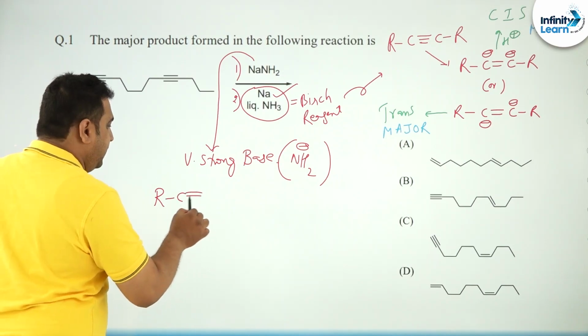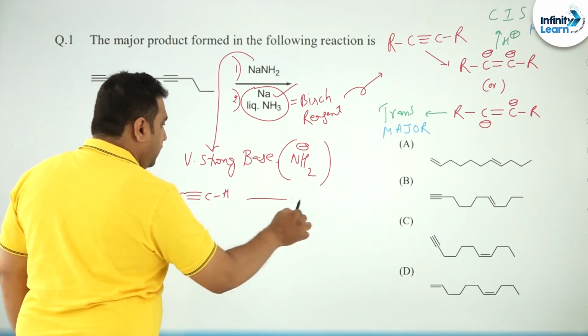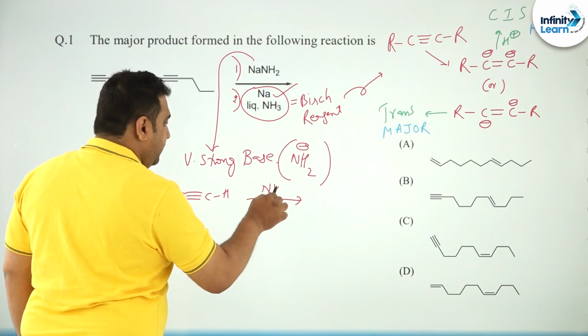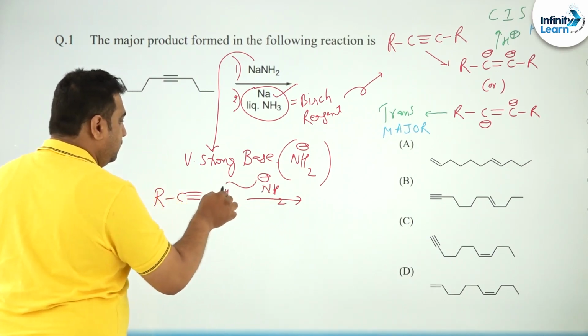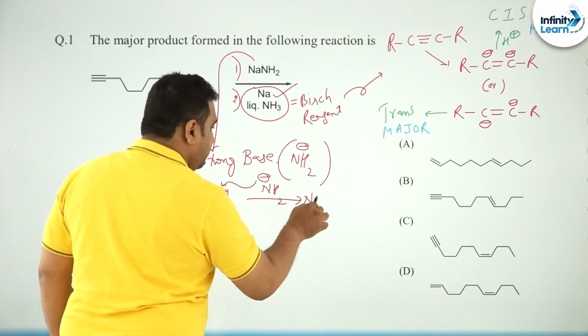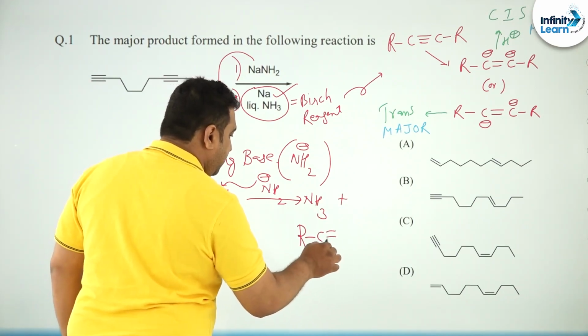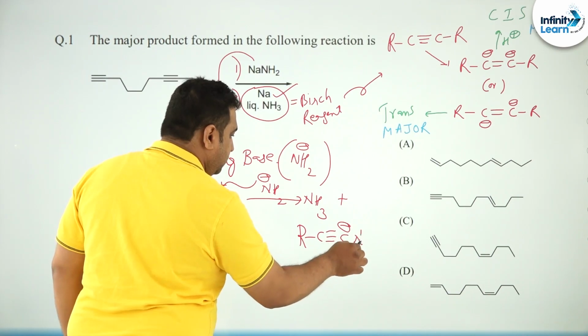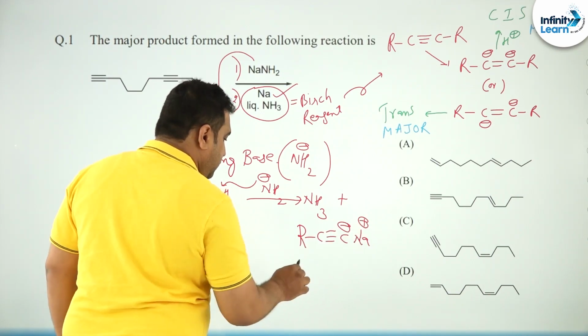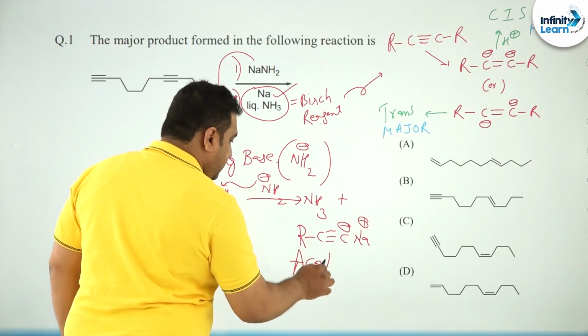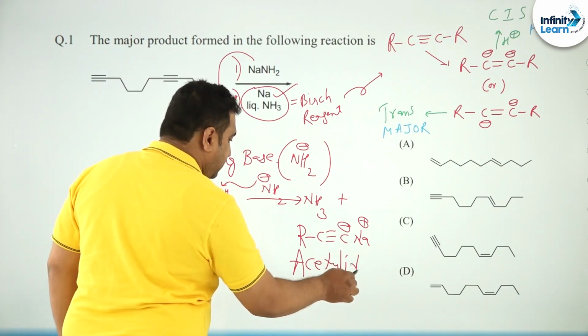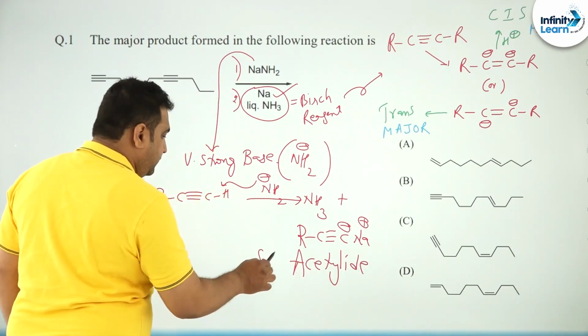Whenever any terminal alkyne or any acidic hydrogen is available, it can abstract the proton and forms ammonia along with R C triple bond C. This is salt formation. This you can also call sodium acetylide, a general name of it.